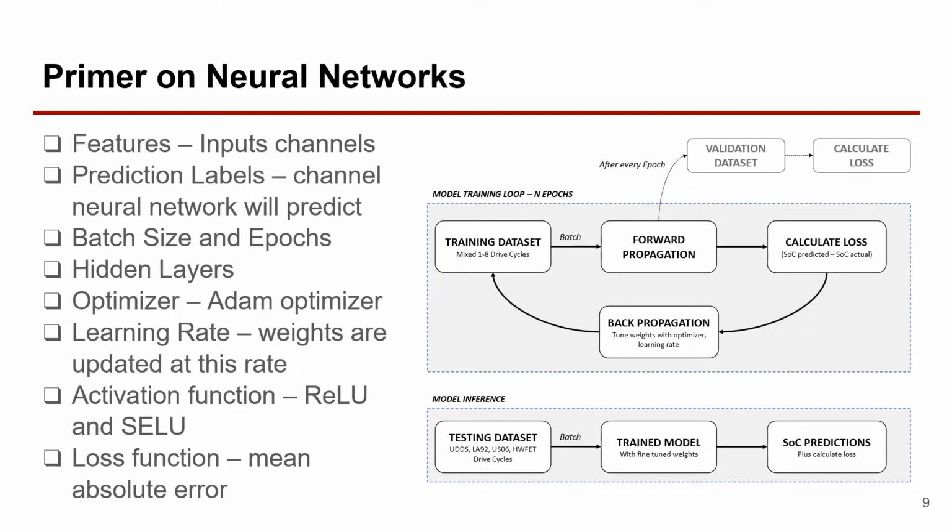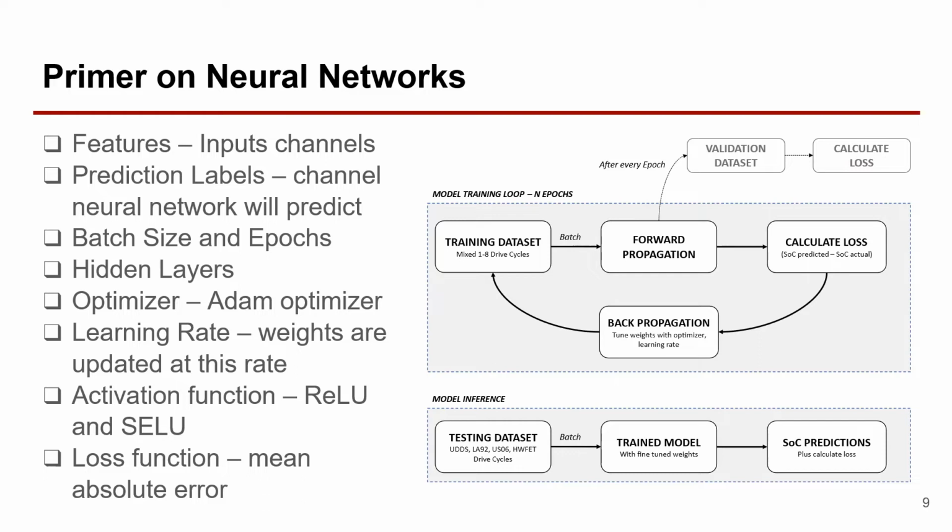Epoch is one cycle of training on the entire dataset. This is defined arbitrarily when setting up the model and is increased or decreased as required. A model is a stack of several layers. There are input layers, hidden layers, and an output layer. To get better training outcomes, our project uses the popular Adam optimization algorithm. The rate at which weights are updated during backpropagation is called the learning rate. We use a learning rate of 0.001.